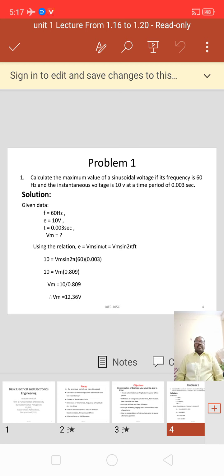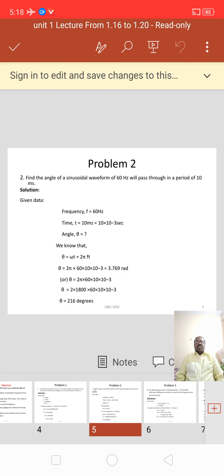Here we are using the relation e equal to Vm sin omega t. By placing the given values, we get the maximum value of sinusoidal voltage, Vm equal to 12.36 volts.